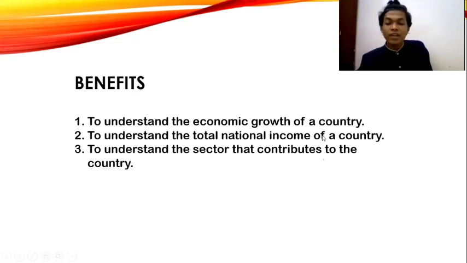So after we learn about the definitions and the calculations, right now we are going to see the benefits of calculating the national income. First, to understand the economic growth of a country. Because of why?